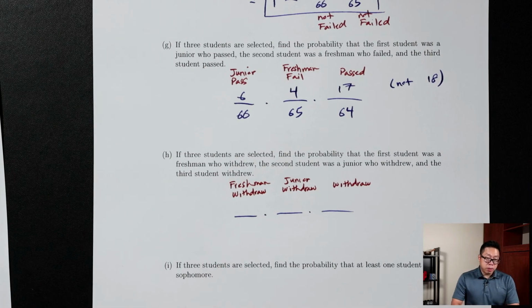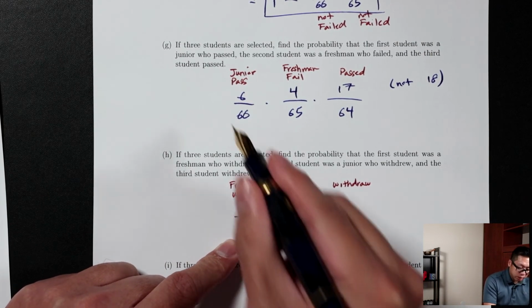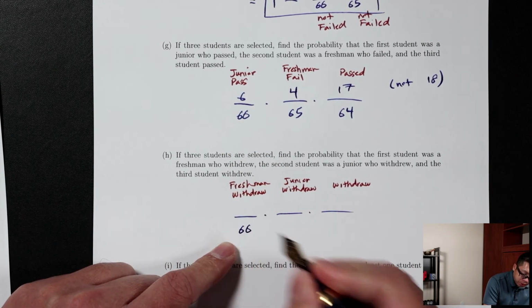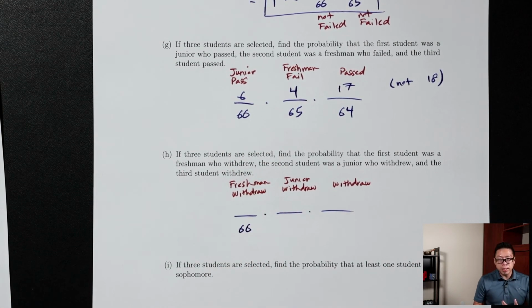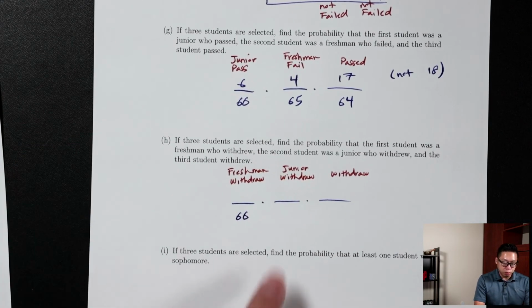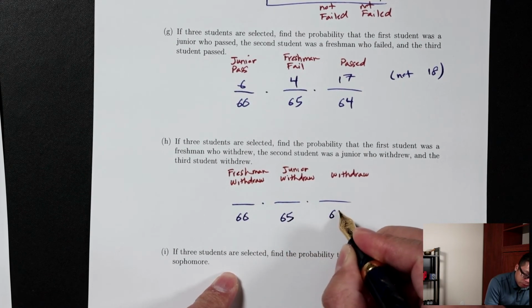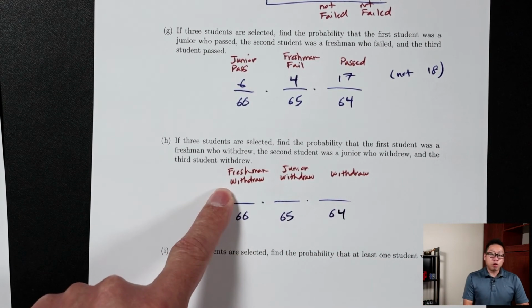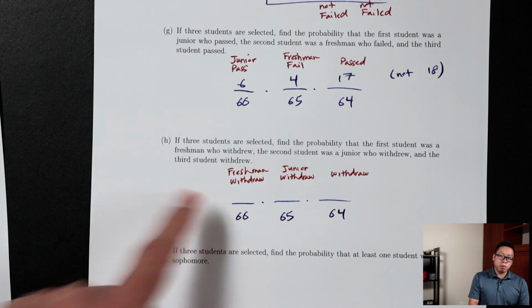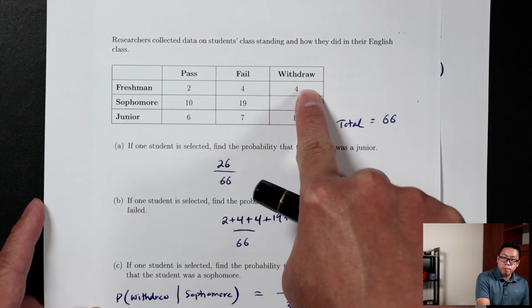Okay, let's talk about the bottoms. Bottom of the first one should be everybody, which is 66. And then once again, because we don't want to repeat the students, when we get to the second fraction, the bottom is going to be reduced by 1 to 65, and then 64. Now the top of the first one, freshman withdrawal, 4.